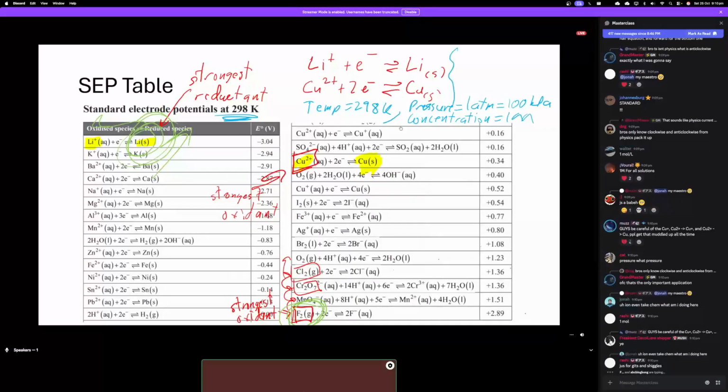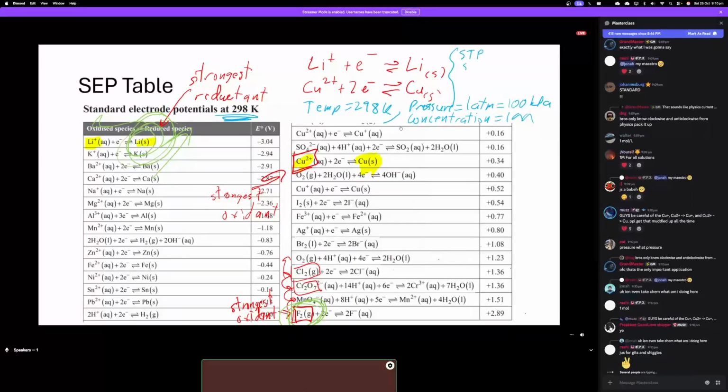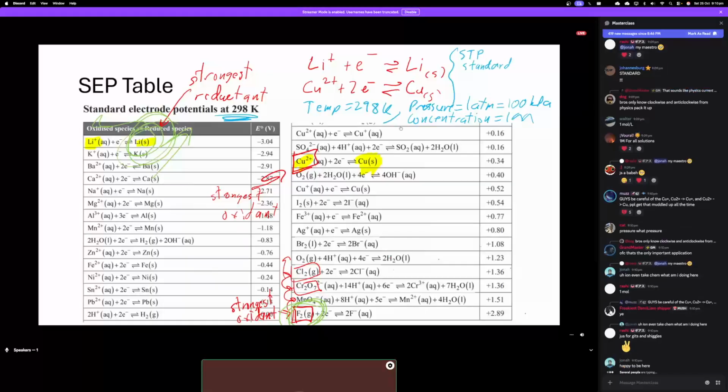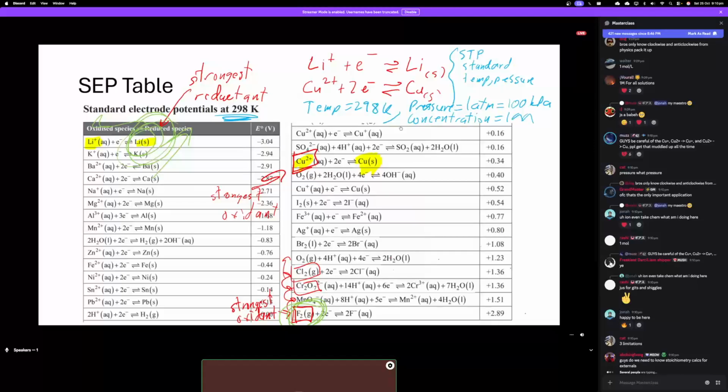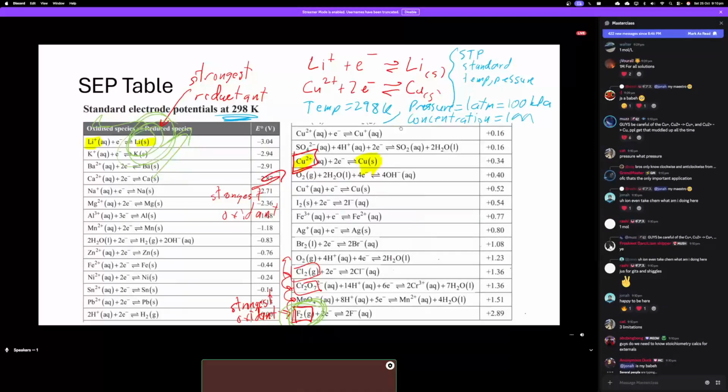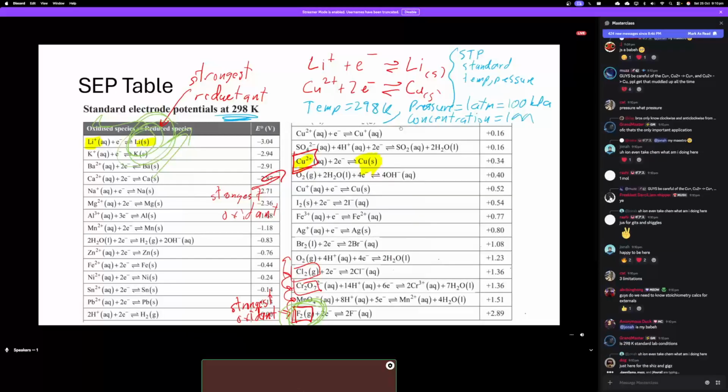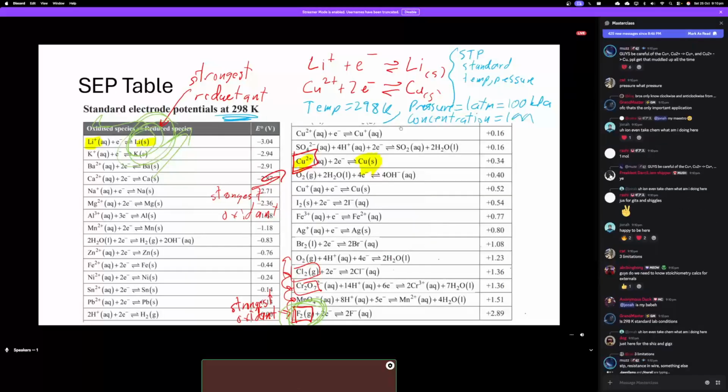This is called STP, which is standard temperature and pressure. You need to know those. It's assumed knowledge.